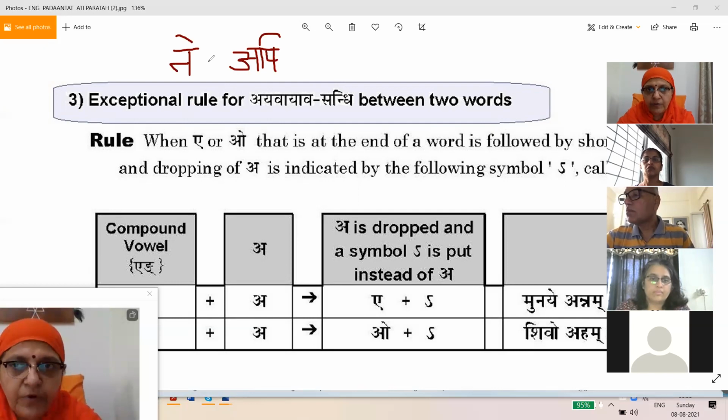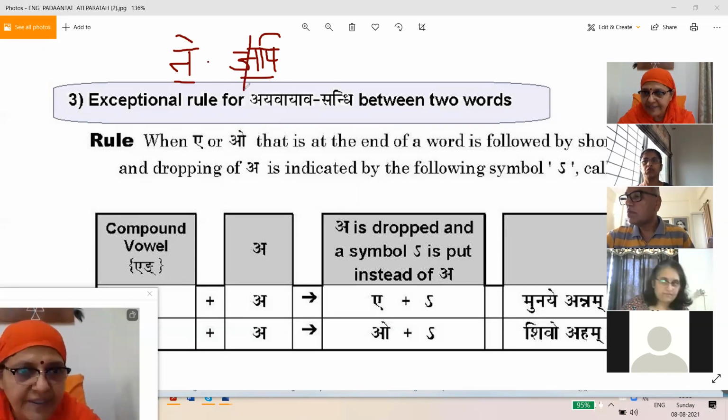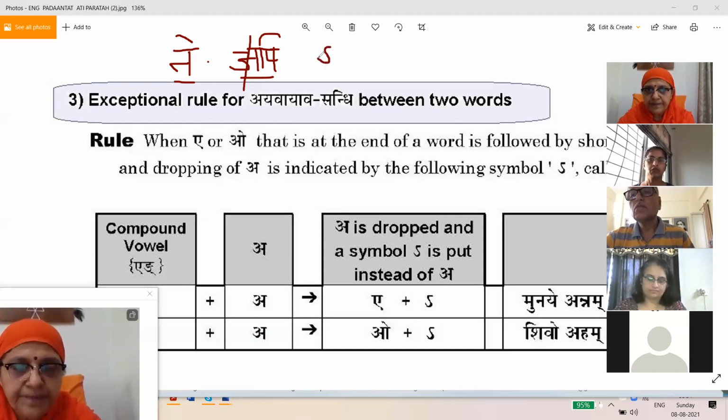But there is one more option. If there are two separate words, then this a is elided. And in the place of the akara, we have to put avagraha.